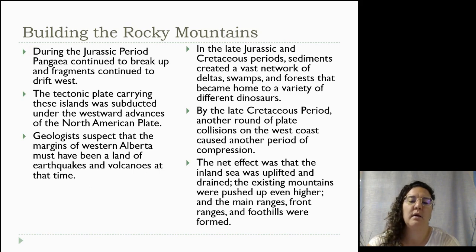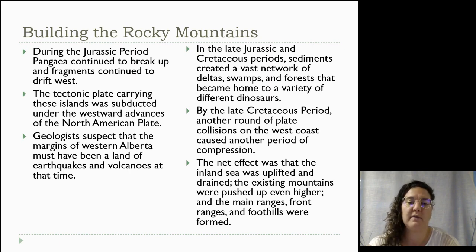as the one plate was going underneath the North American plate, because again, we'll have that magma close to the surface. Now, in the late Jurassic and Cretaceous periods, sediments created vast networks of deltas, swamps, and forests that became home to a variety of different dinosaurs. And then by the late Cretaceous period, another round of plate collisions caused another period of compression.